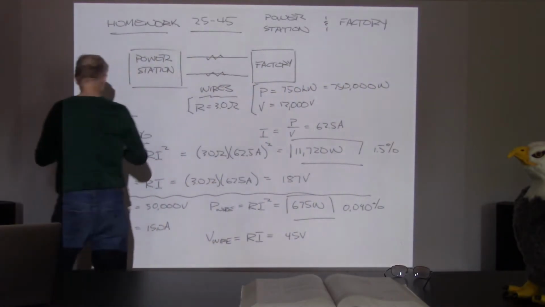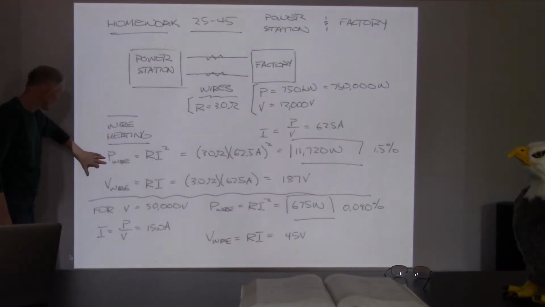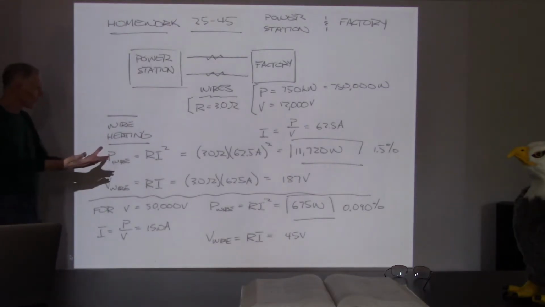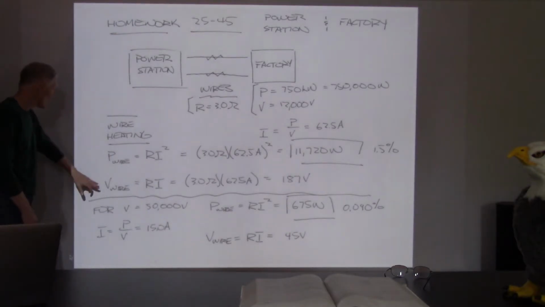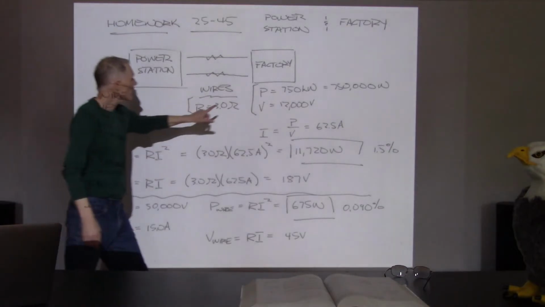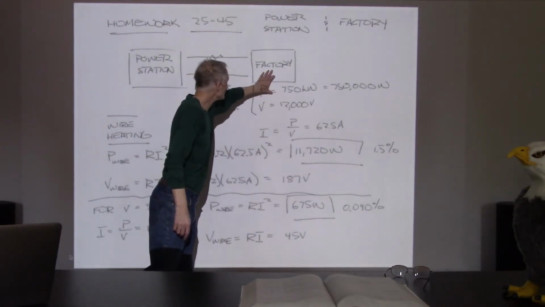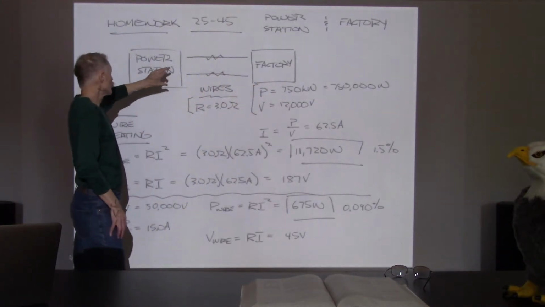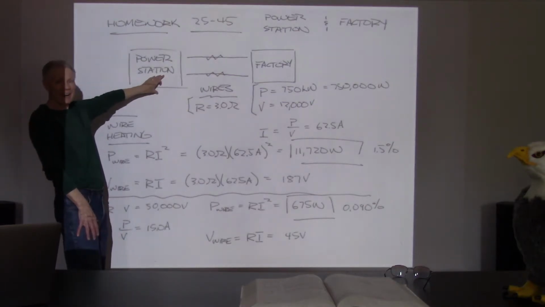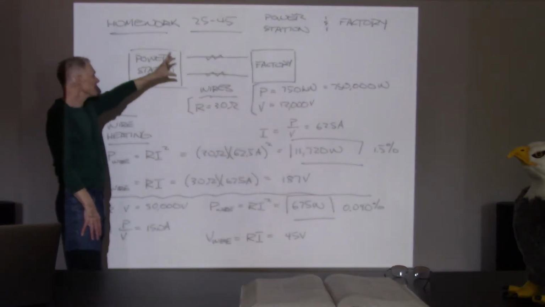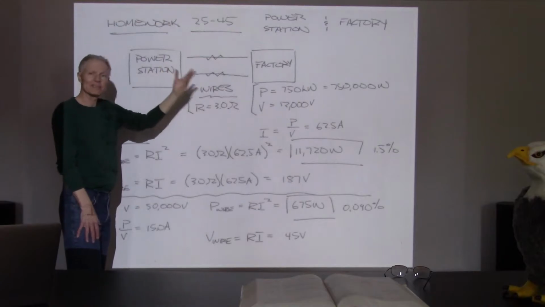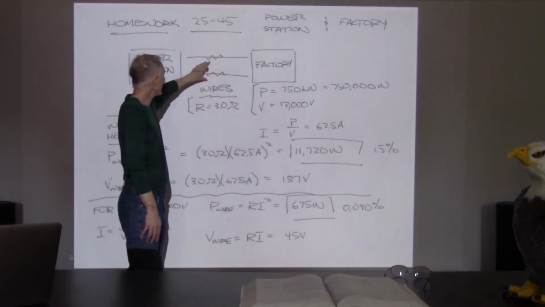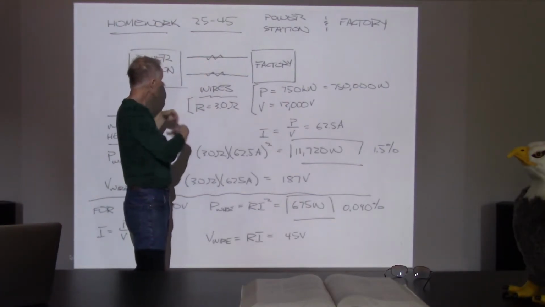So in addition to the wire heating, which we calculated here, the power, the rate of thermal energy loss, I also calculated how much of the voltage. I was kind of concerned about this 12,000 volts of the factory because the power station voltage is going to have to be higher, because again, the wires and the factory are in series, and that says we're going to have some voltage loss with the wires.